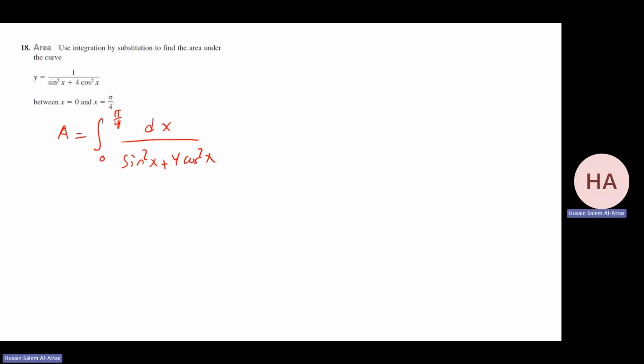Now, how to do this integral? I have sine square plus 4 cosine square. Okay, I have squares.